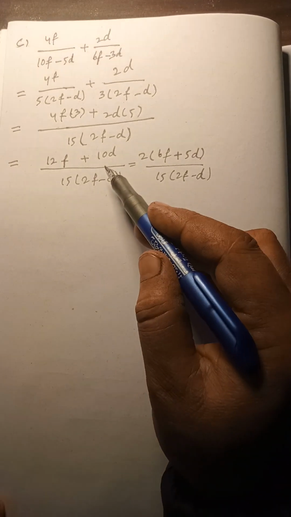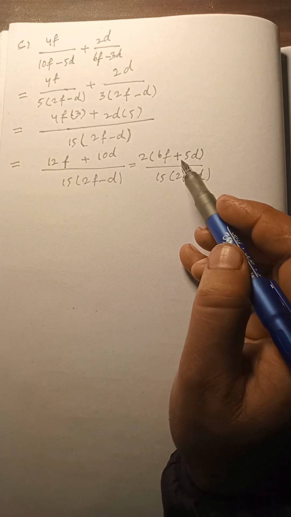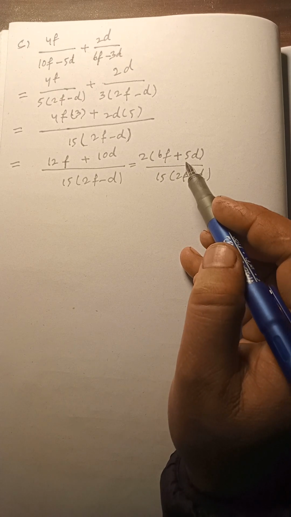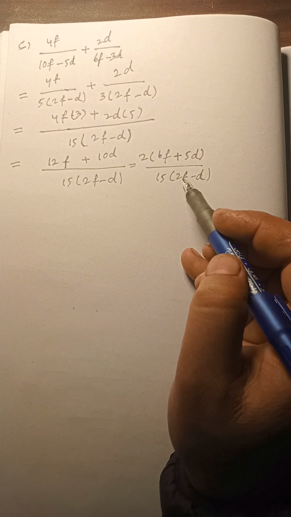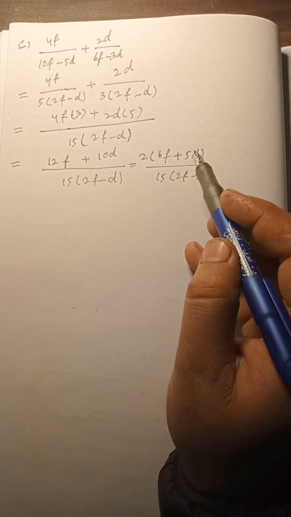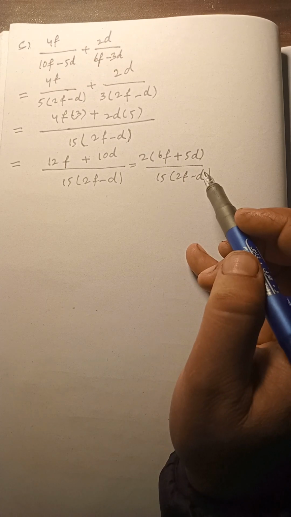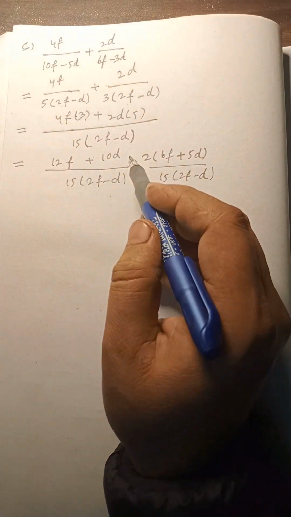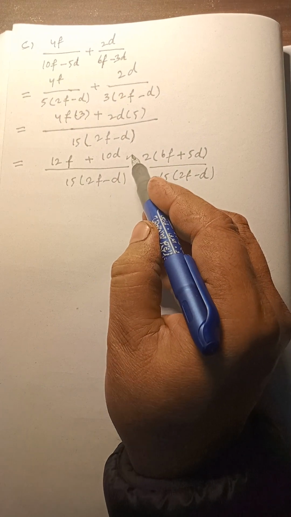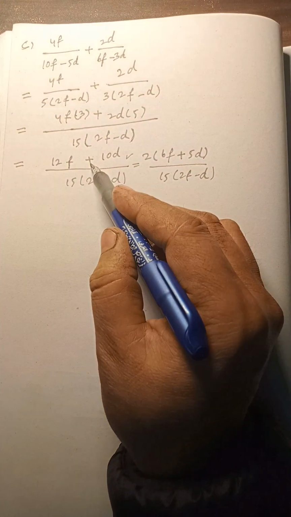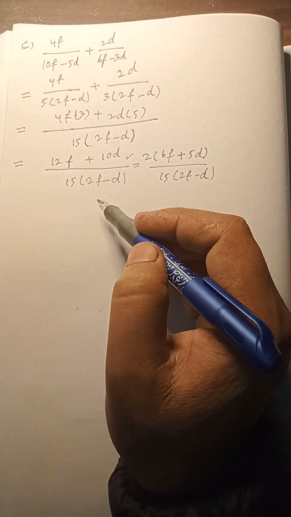After taking this common, we can't do anything. We can't cancel out any number, nor these terms of the algebraic expression. So it means that this is our answer. We need not solve this step further.